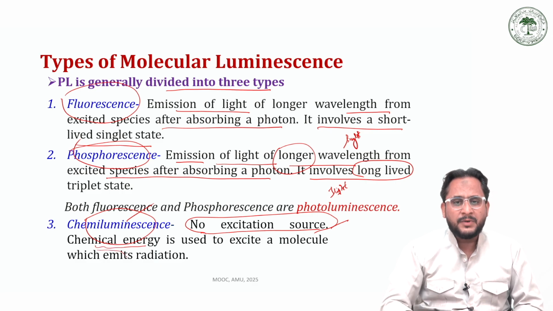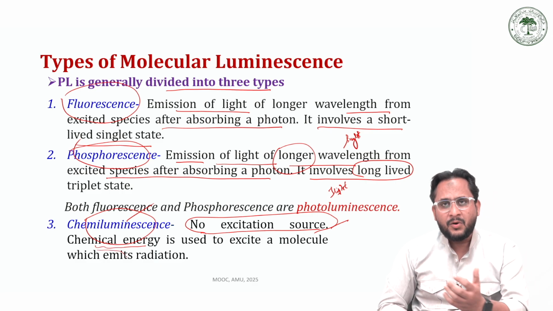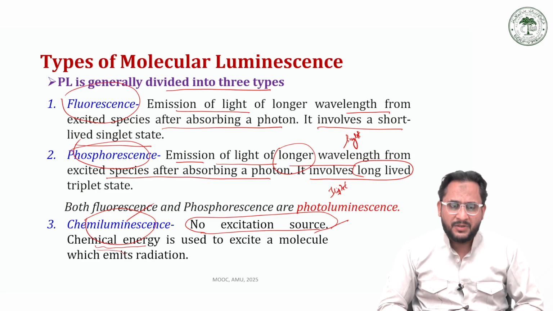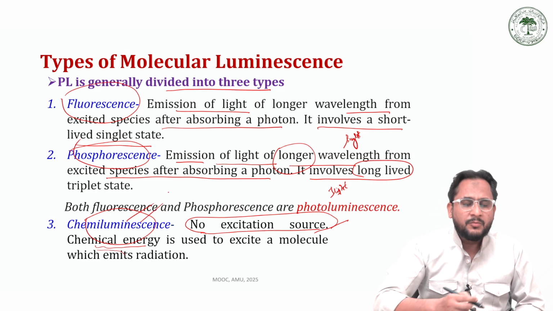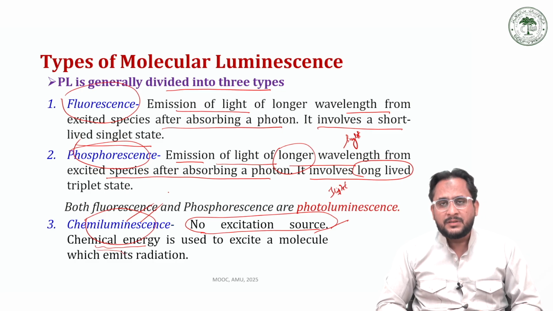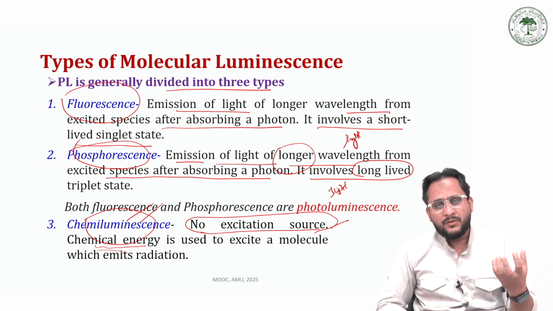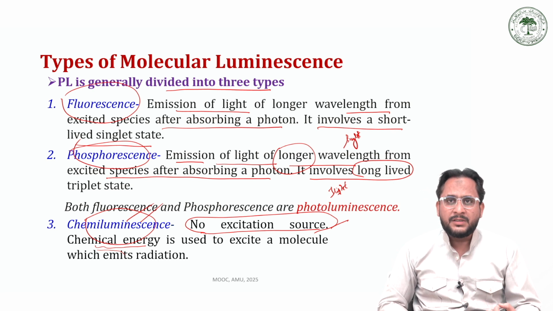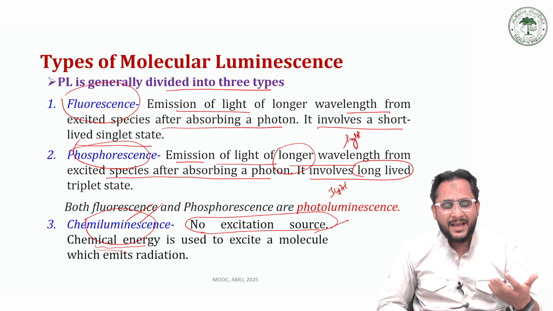Chemical energy is released by a chemical reaction that excites the molecule, resulting in the emission of light from that molecule. And this phenomenon you might have observed from some insects as well, and especially during night time you observe this phenomenon near sea beaches, where aquatic organisms show chemiluminescence and you can see light radiations from the water.